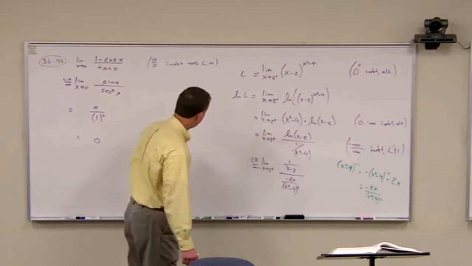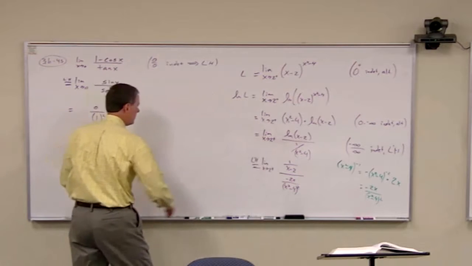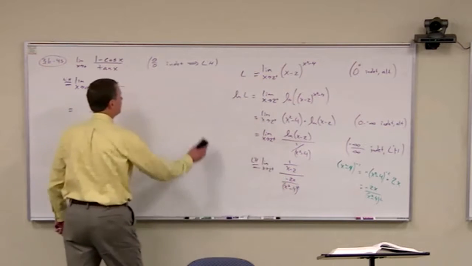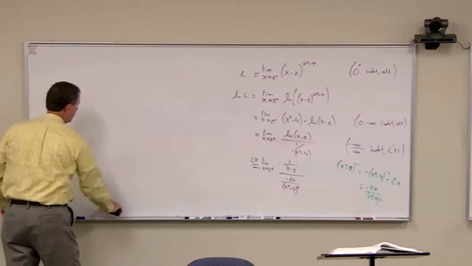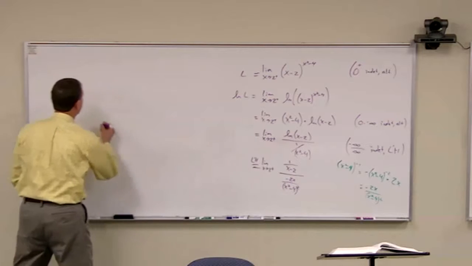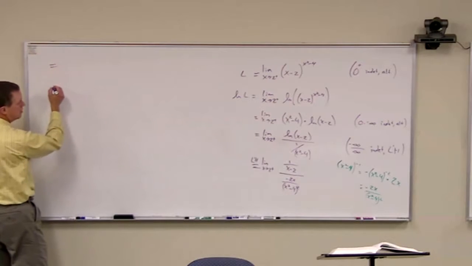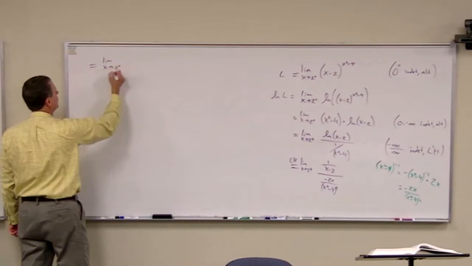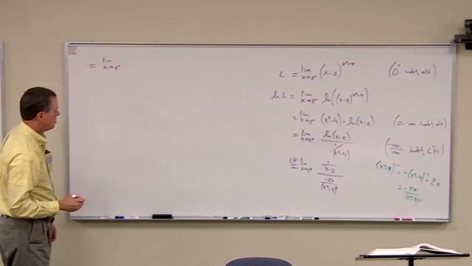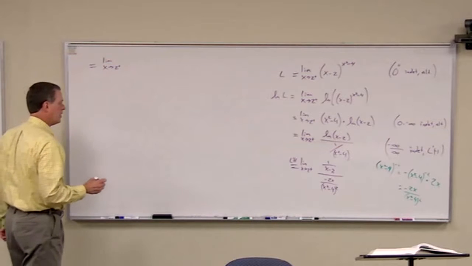So you still get infinity over infinity, which is still L'Hopital. But I don't want to do L'Hopital if I don't have to. So let's do some algebra first. I'm going to bring it over here now. Limit as x goes to 2 from the right. Algebra, what do I get?